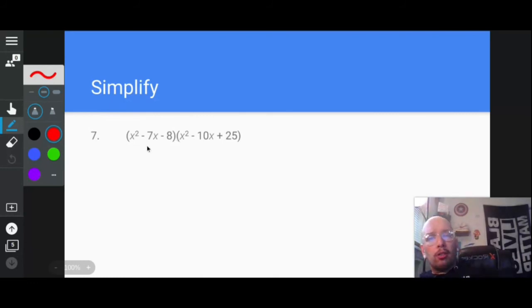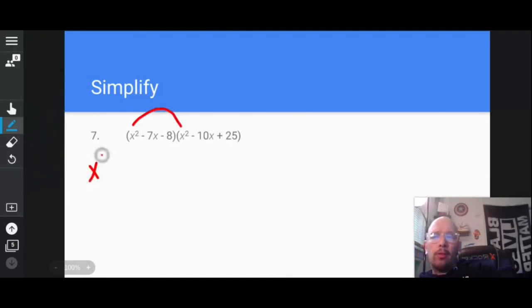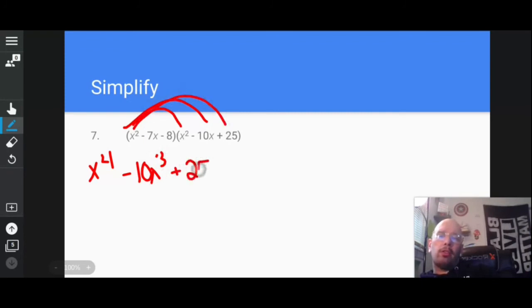So x squared times x squared is x to the 4th. X squared times negative 10x is negative 10x cubed. X squared times 25 is positive 25x squared.